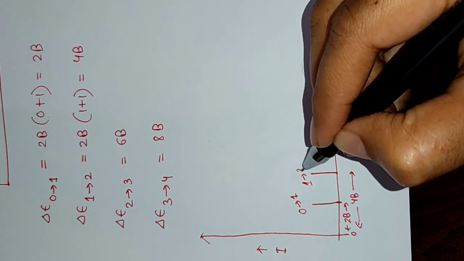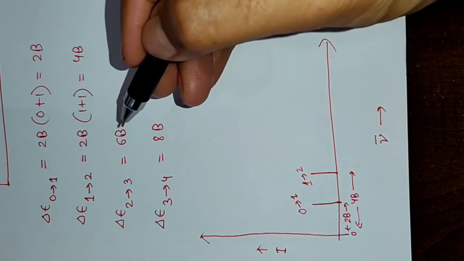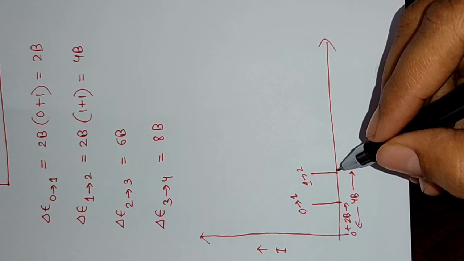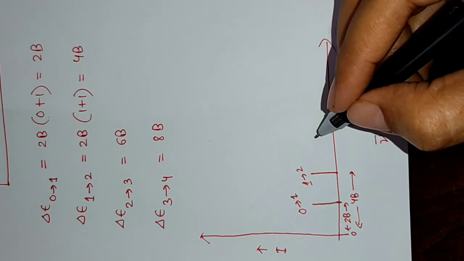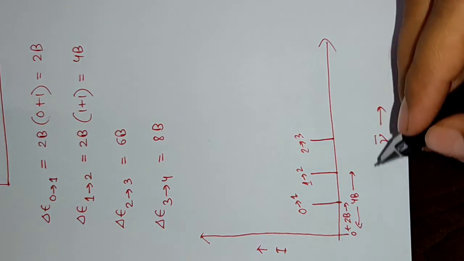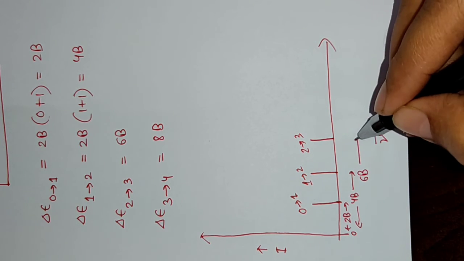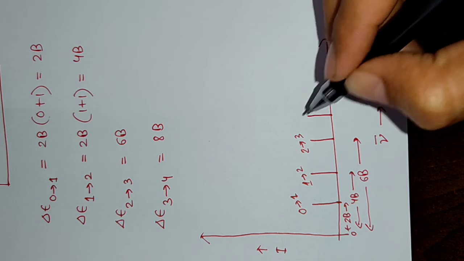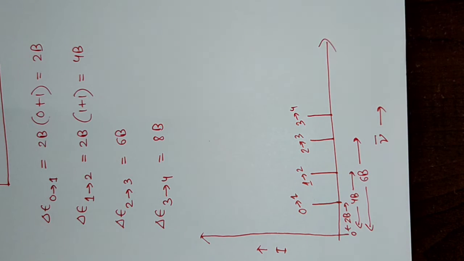It will correspond to 1 to 2. Then at 6B. So it is 0 to 2B, then 3B, then 4B, then 5B, then 6B. At 6B, which will correspond to 2 to 3, we will get another line. In this way, 3 to 4 and so on.